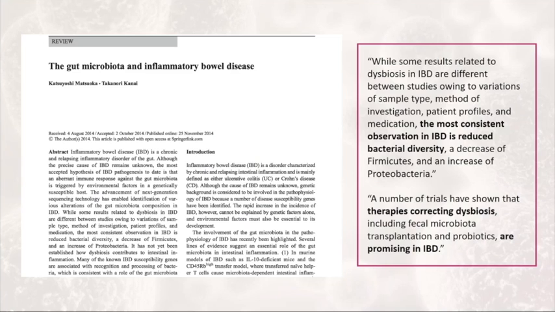And some of the themes we notice is that in inflammatory bowel disease, the bacterial diversity is affected. There's a decrease in Firmicutes and an increase in proteobacteria. And there have been trials and ongoing research looking into therapies to correct this bacterial imbalance for the purpose of trying to improve the underlying condition, inflammatory bowel disease.